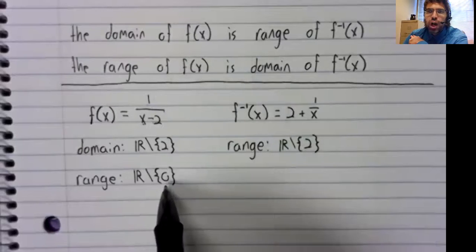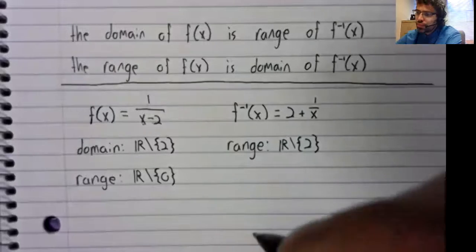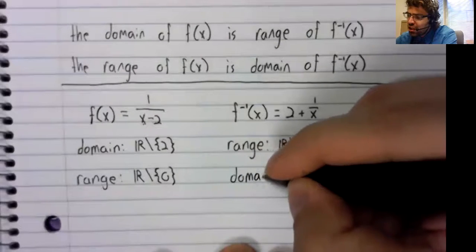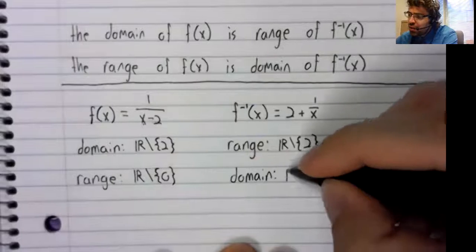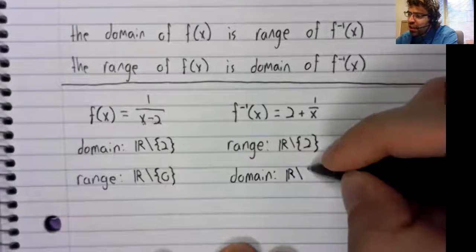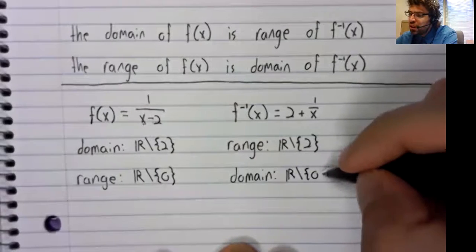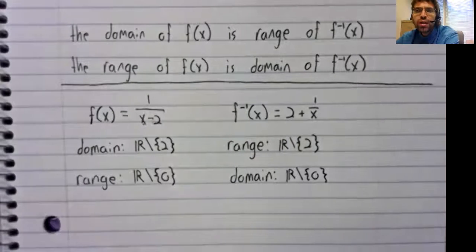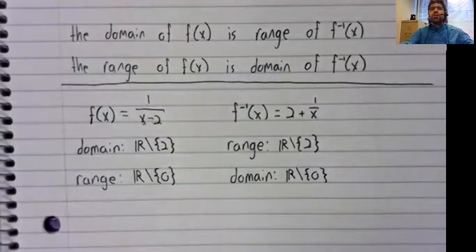And there's a number that is none of those things and is consequently not a possible output. And you can see that 0 is not in the domain of the inverse. That would give you a division by 0 error.